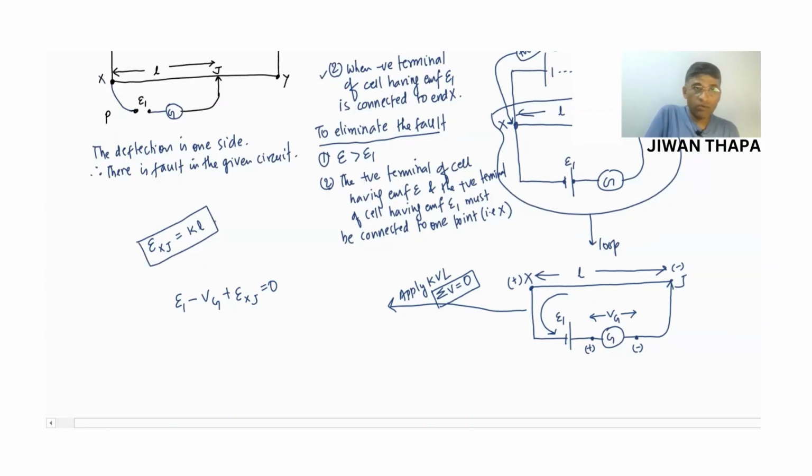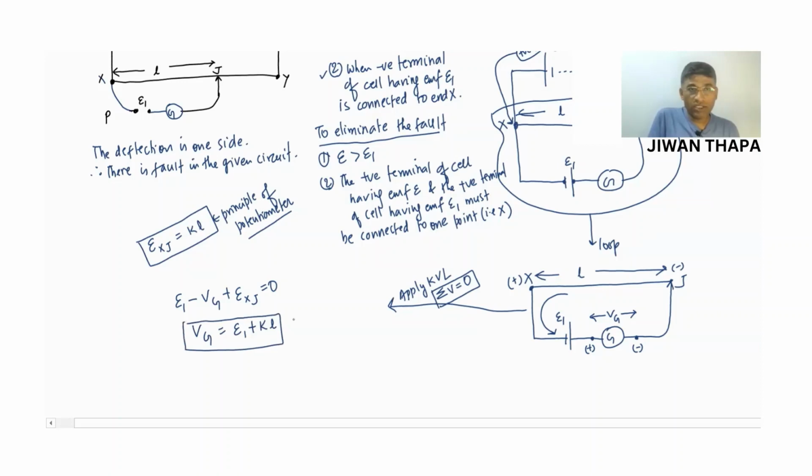So this is from principle of potentiometer. Now we can write in this way, Vg equals E1 plus EXJ, and EXJ is K times L.